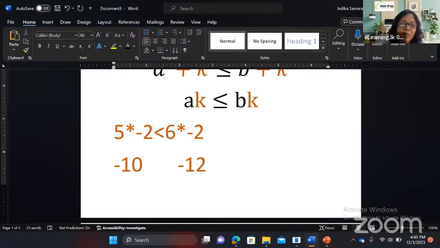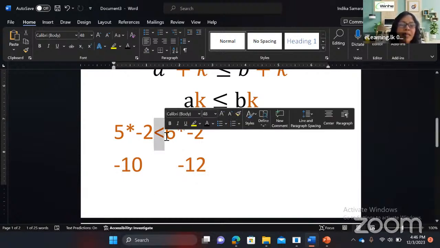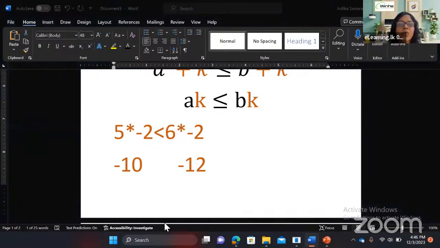If you multiply both sides by a negative value, will this inequality sign remain unchanged? Dilusha is saying less than, but did not mention which one, right?